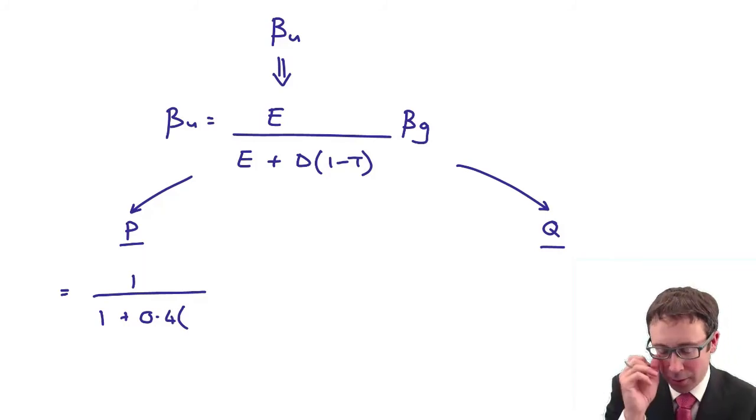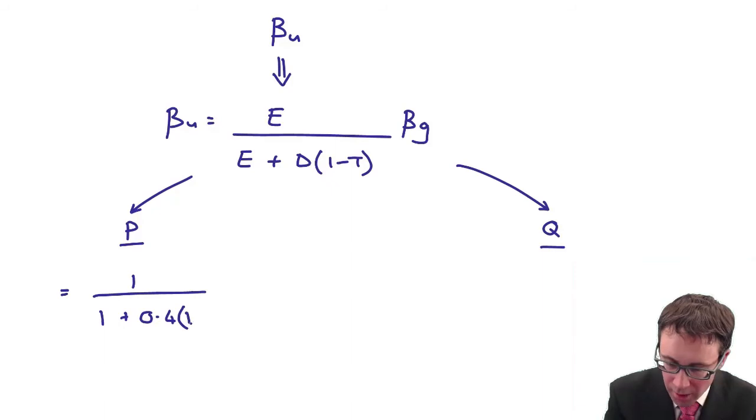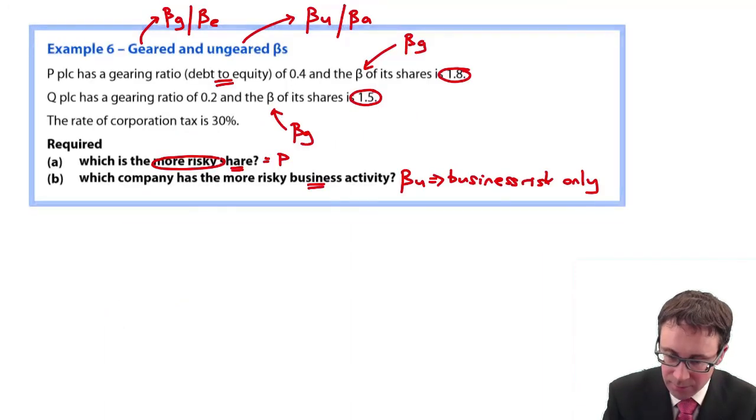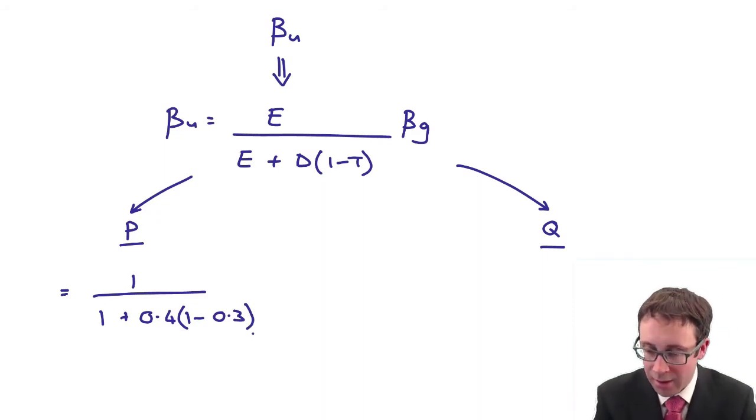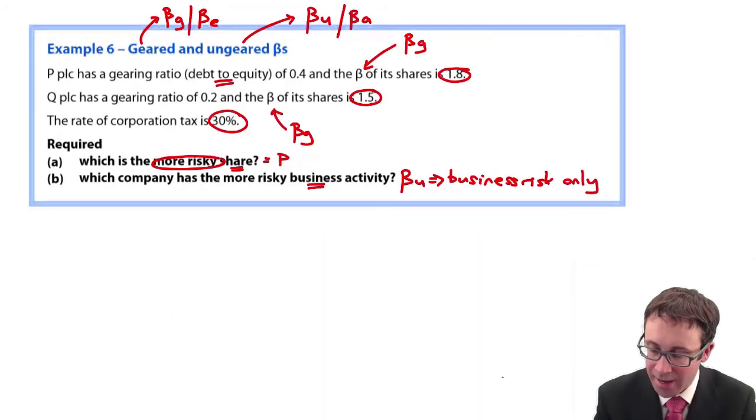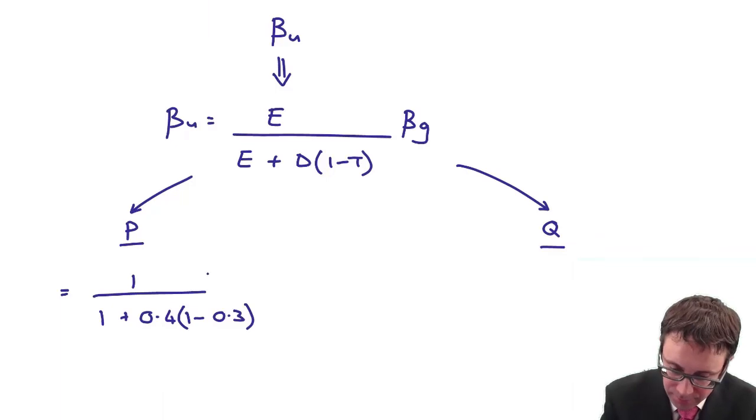Careful, nearly getting the two mixed up. What is the tax rate? Tax rate is 30%, so again keep that as a decimal, 0.3. And the geared beta that we have is 1.8.